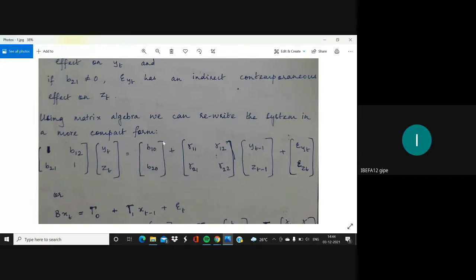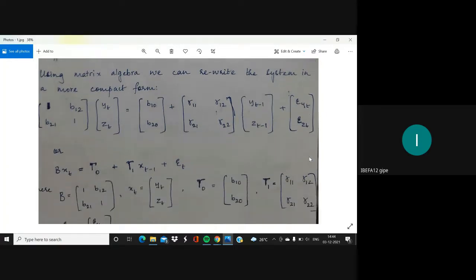Since their values are being determined within the model, they are endogenous variables. Now here, these are the constant terms, so this is a vector of constant terms. Then these are the coefficients associated with the lagged values, the first lag of yt and zt. And these are the structural error terms of our model.